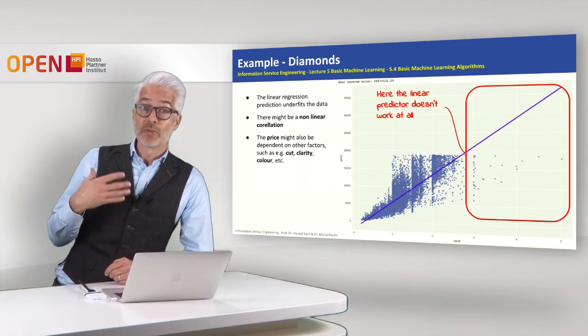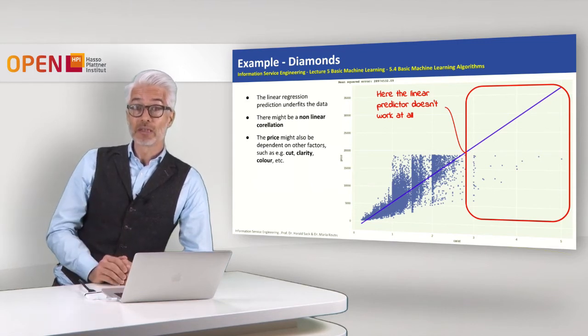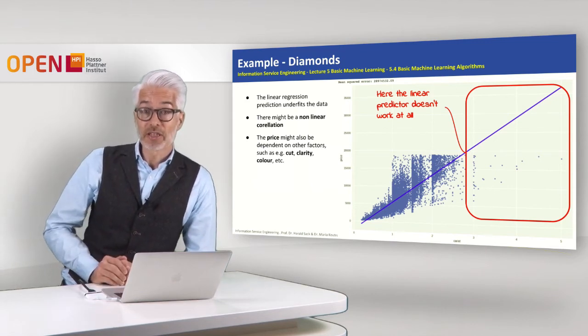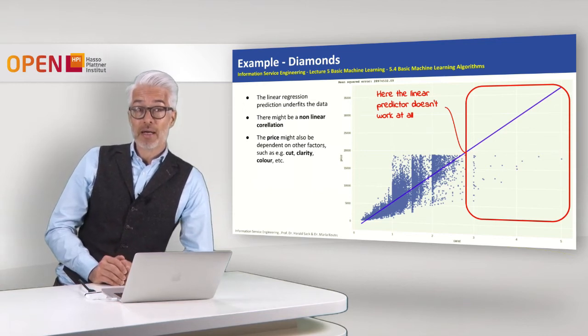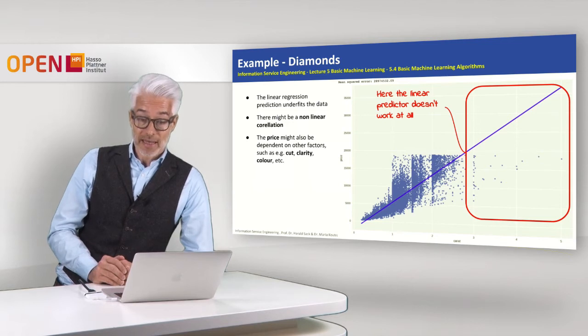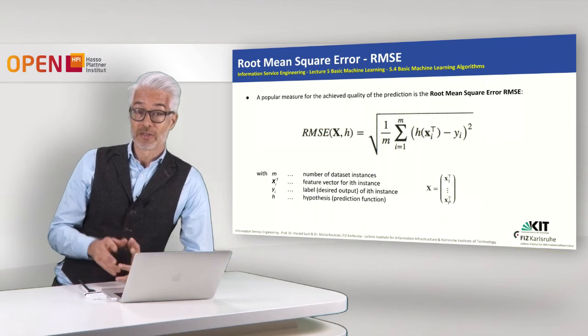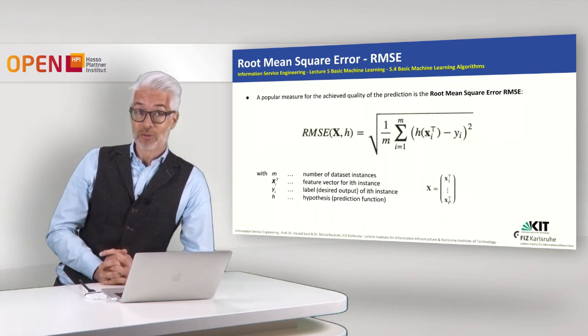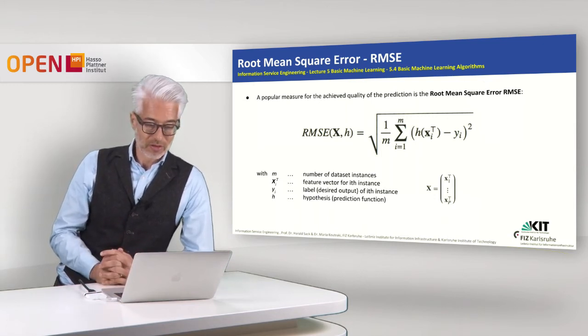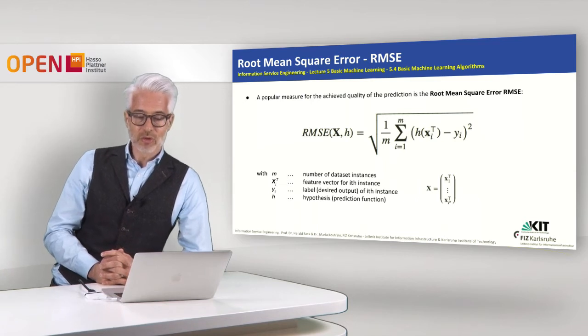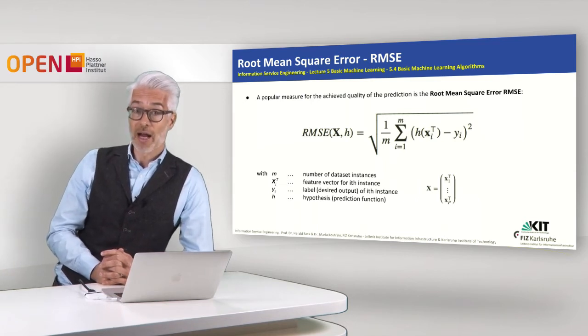Okay, so what we need to determine the quality of our prediction is the mean error that a prediction might have. And for this, of course, there is a formula which is pretty close to our cost function that we have already talked about. This function is called the root mean square error, RMSE.